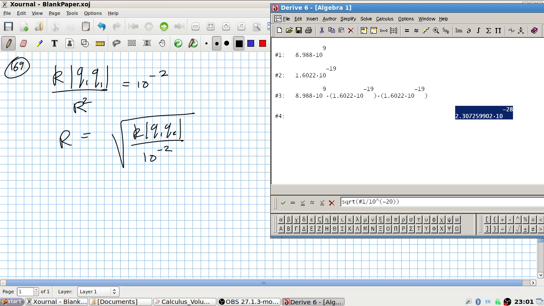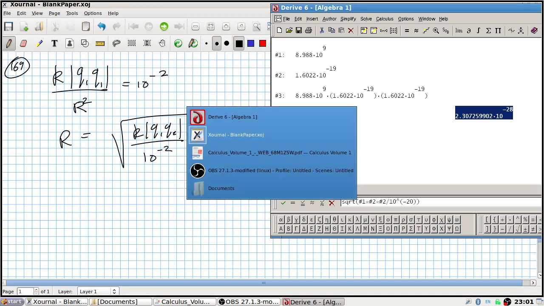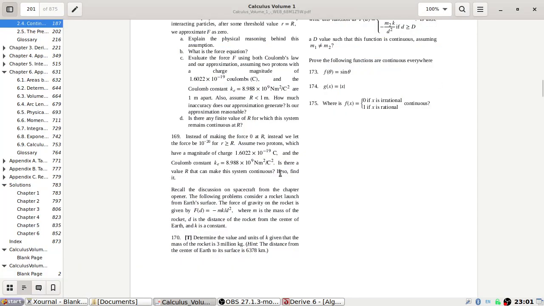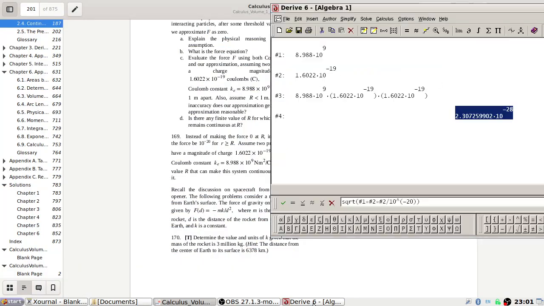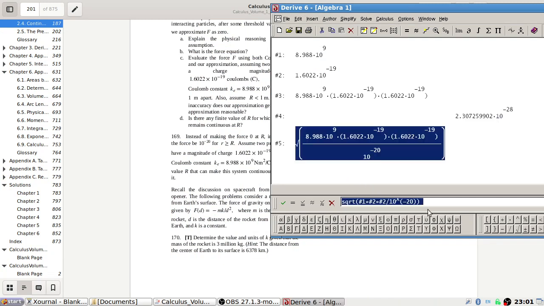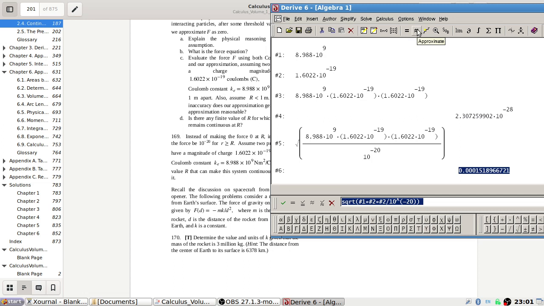Coulomb, and then is it the same again? Have a look. 1.6022. Yeah, same again.